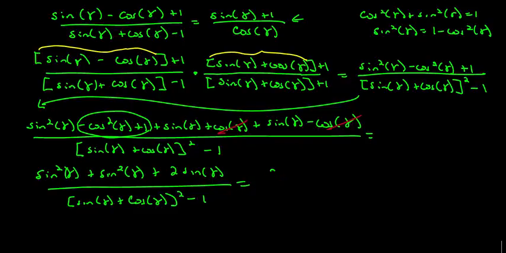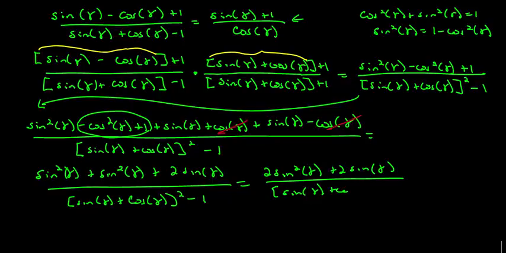So on the top, what I've really got is 2 times the quantity. Actually, let's factor out what we can up top here. So on the top, what I've got is 2 sine squared gamma plus 2 sine gamma, all over sine gamma plus cosine gamma squared minus 1. So let's see here. What have we got?